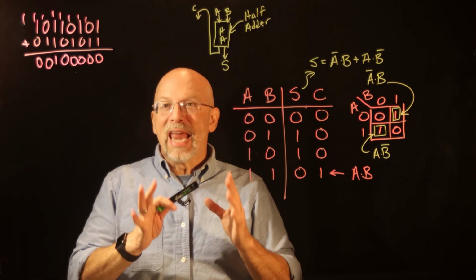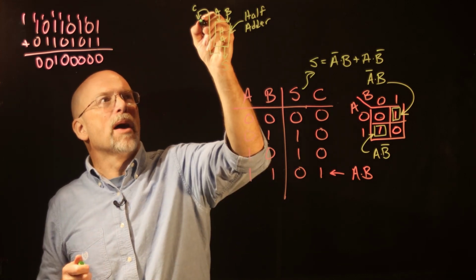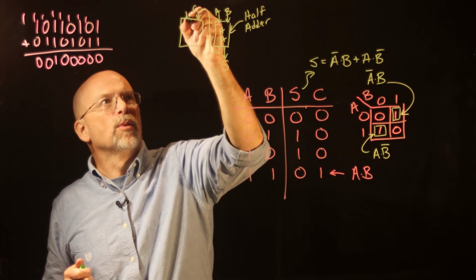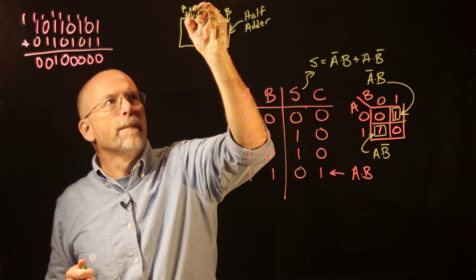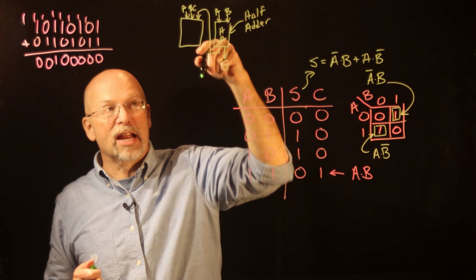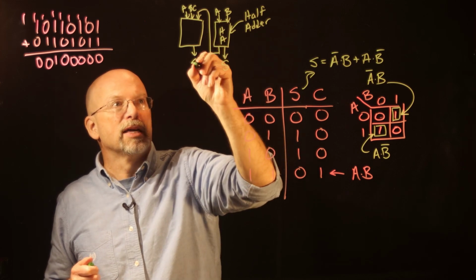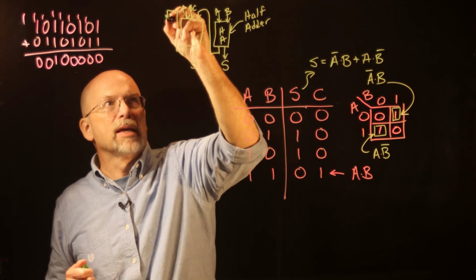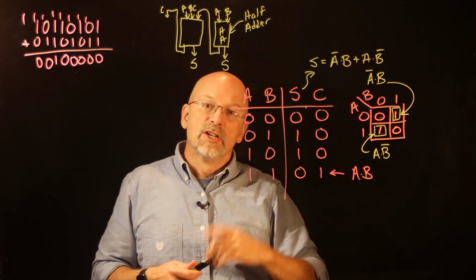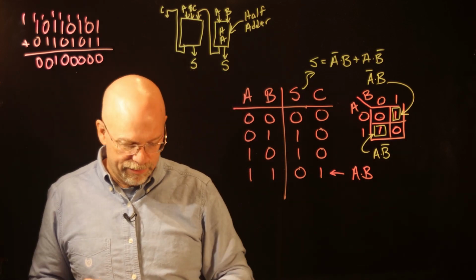What we're going to do next is come up with the circuit that will add A, B, and the C, the carry from the previous column, into a sum and a carry to the next column. So let's do the truth table for that now.